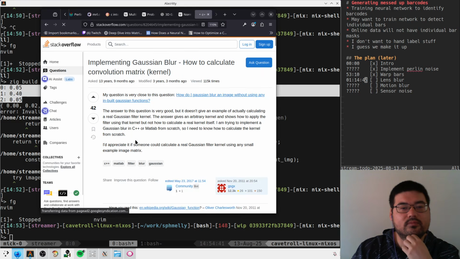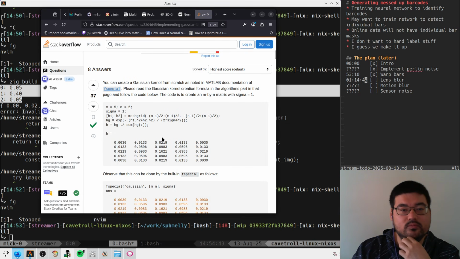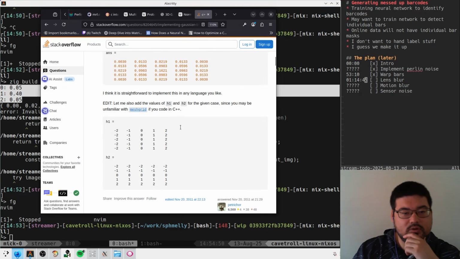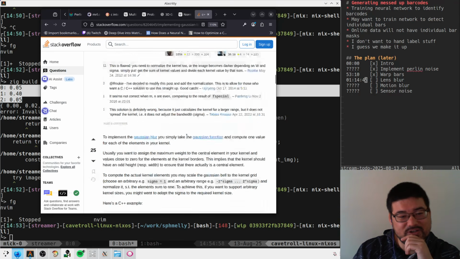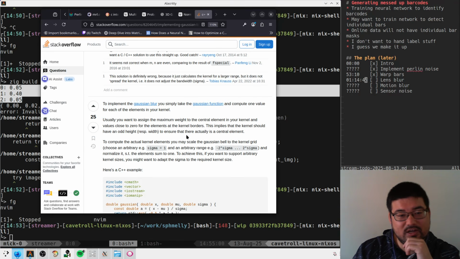Okay. 0, 1, 2, baby. Compute one value for each element in your kernel.